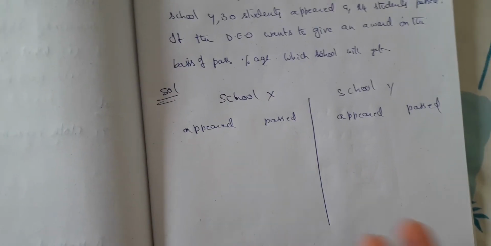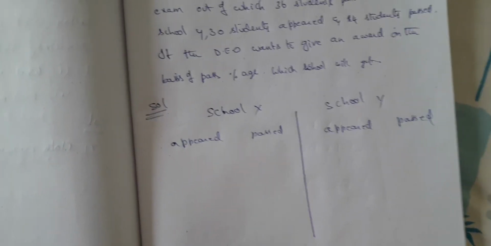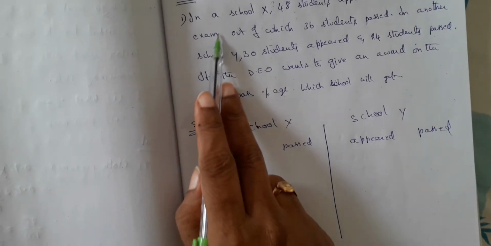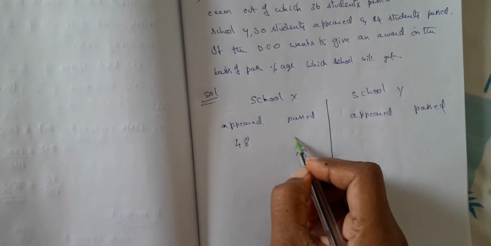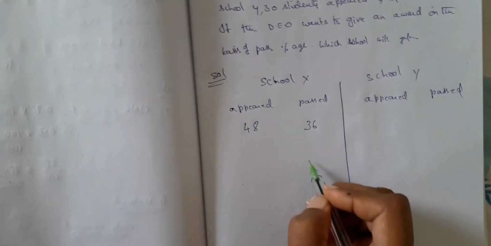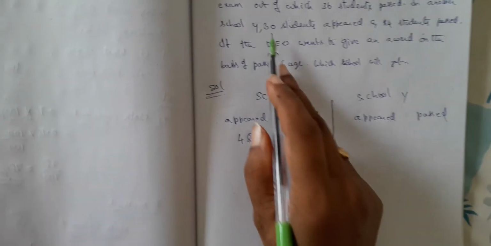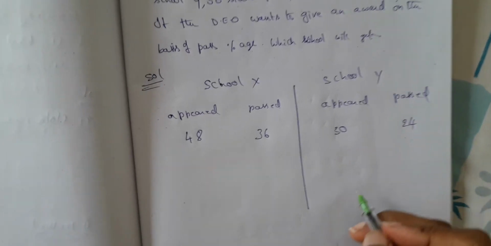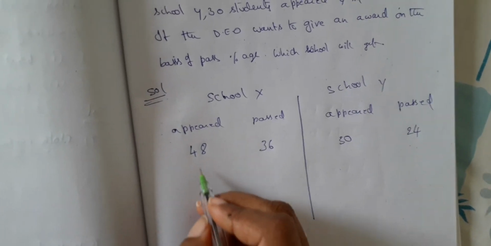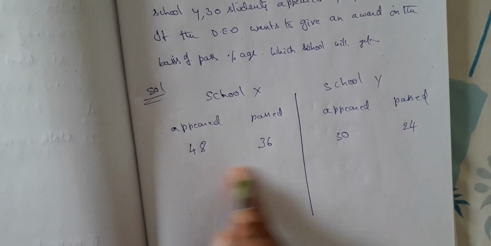Therefore one of the factors is going to be 100. How many appeared from school X? 48. How many passed there, children? 36. From school Y, how many appeared? 30 appeared. And how many passed? 24 passed. So now we want to find the pass percentage here.